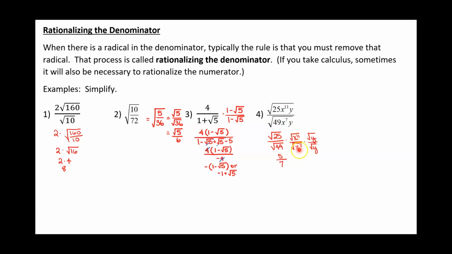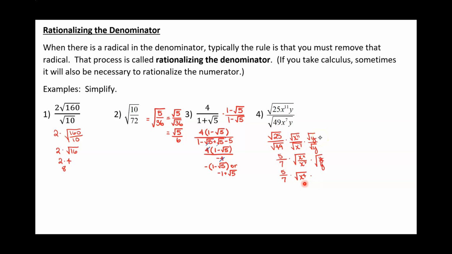Because if I put x to the 11th over x to the 7th in a single radical, what do you do when your bases are the same and you're dividing? Well, you can combine them by saying x to the 11th minus 7, right? So when your bases are the same and you're dividing, you subtract your exponents. So that would give us 11 minus 7, or 4.